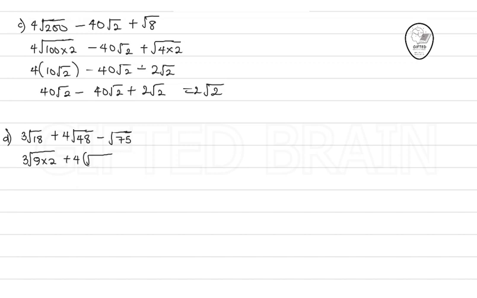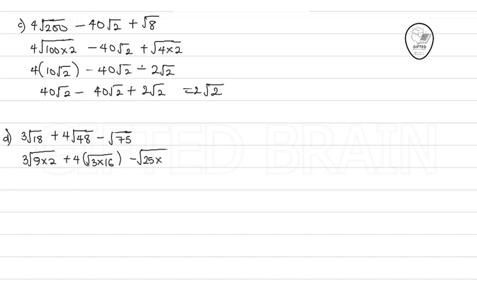But I wouldn't use that because none of them is a perfect square. But we can use 3 times 16, which is 16 times 3. Then minus root 75 can be expressed as 25 times 3.